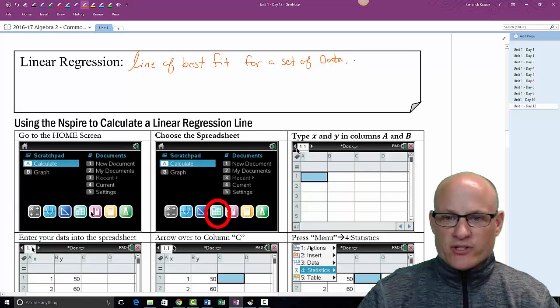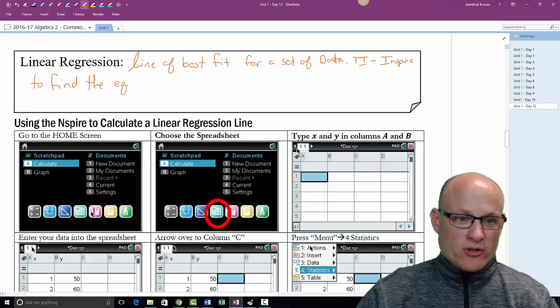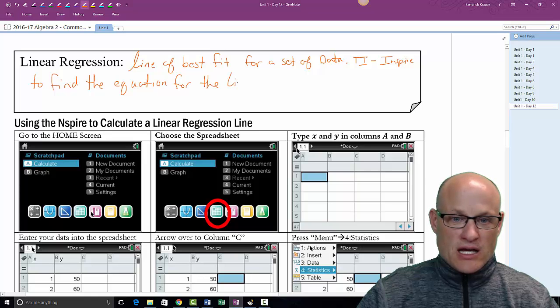So we are going to use the TI-Nspire to find the equation for the line of best fit.